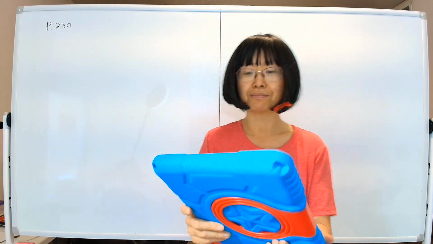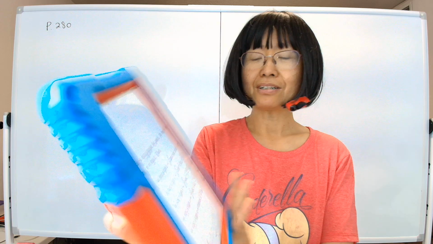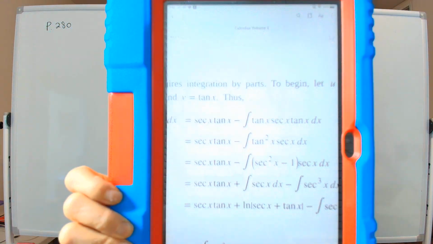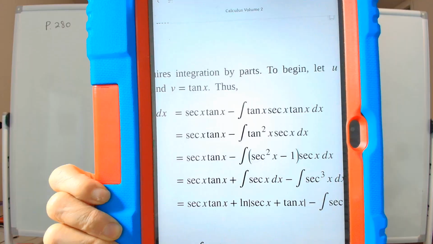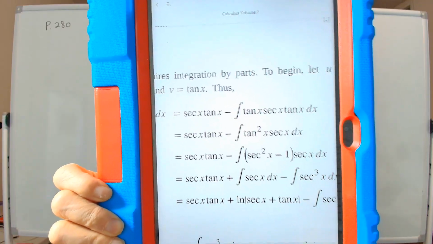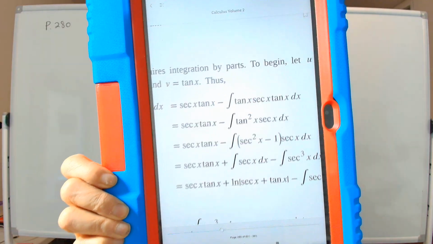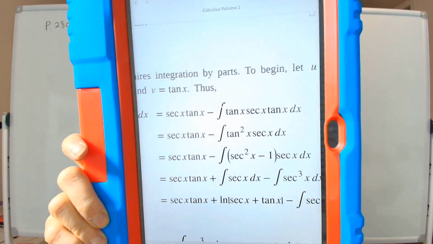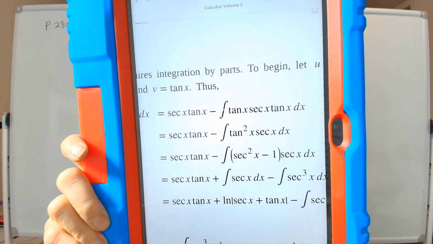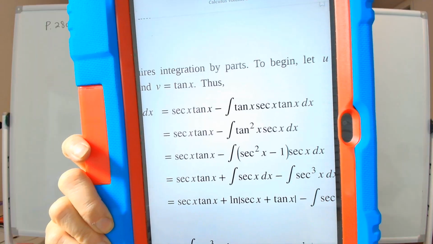It looks pretty good, but not that much better, because now you're stuck with tangent squared secant x. So now what? In fact, that looks even harder than the original secant cubed. Which is better to integrate, secant cubed or tangent squared secant? It doesn't seem to be a big improvement.